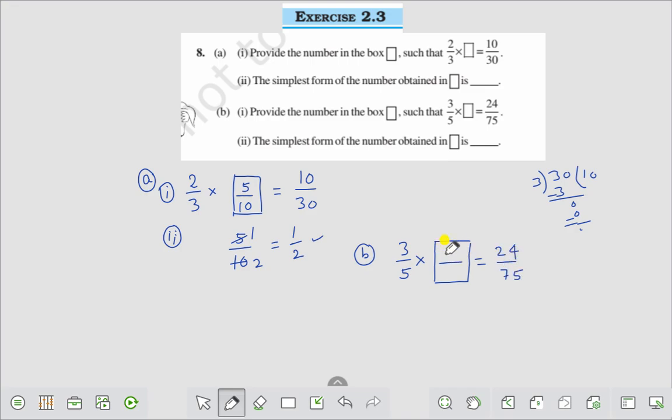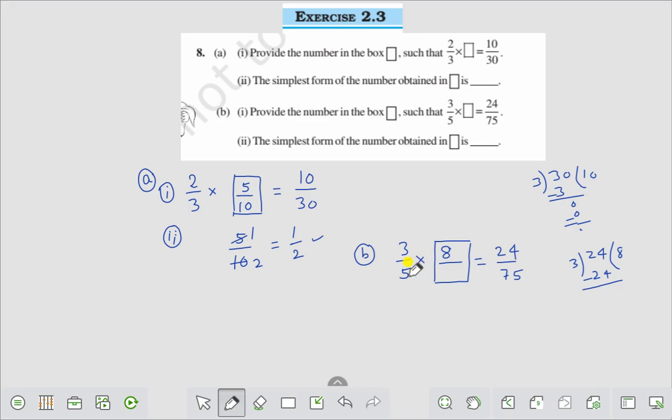Here, by which number 3 should be multiplied to get 24? Or you can simply divide 24 by 3. That is 3 8s are 24. Therefore, this will be 8 because 3 into 8 is 24, right?